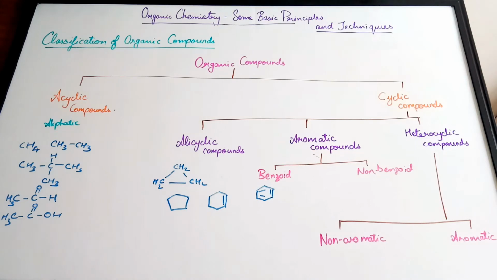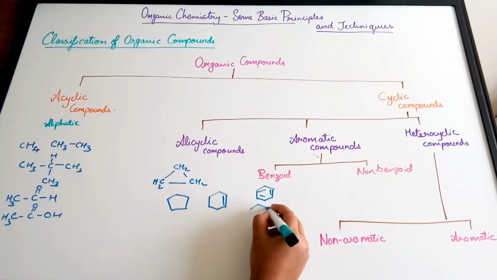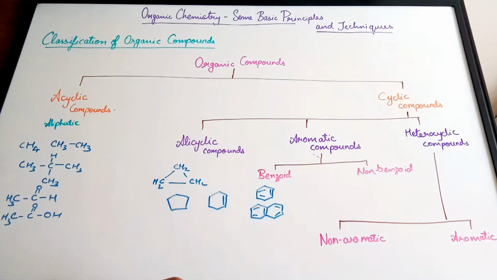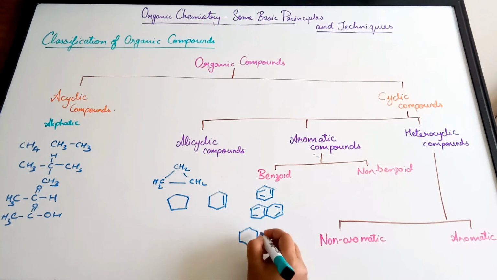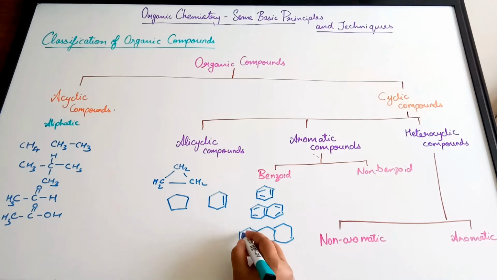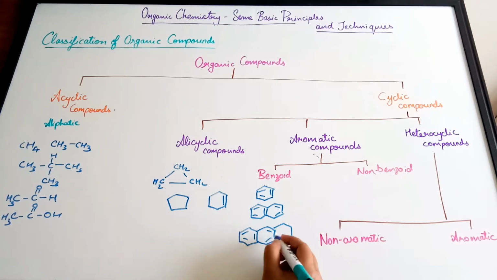Benzoid compounds can also include two benzene rings fused together, or three benzene rings fused together. When two benzene rings are fused together, it is called naphthalene. When three benzene rings are fused together like this, it's called anthracene.